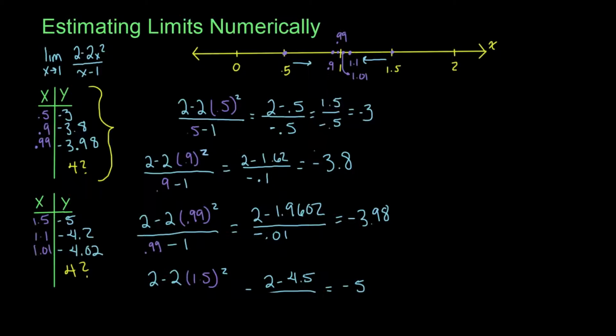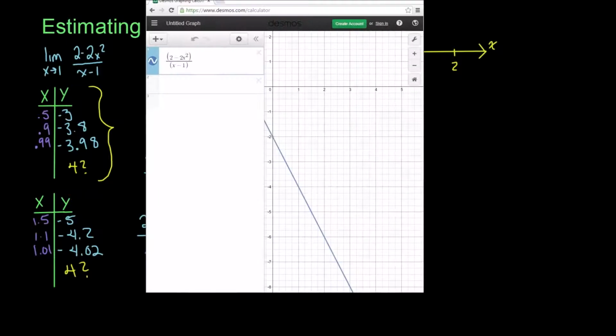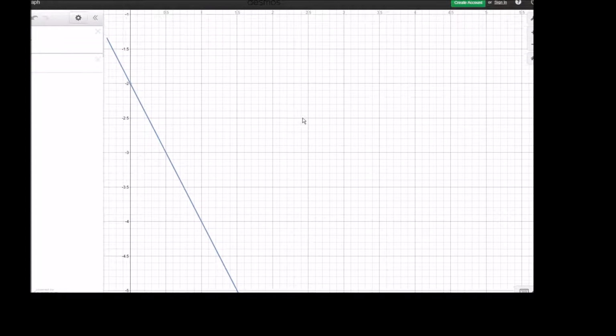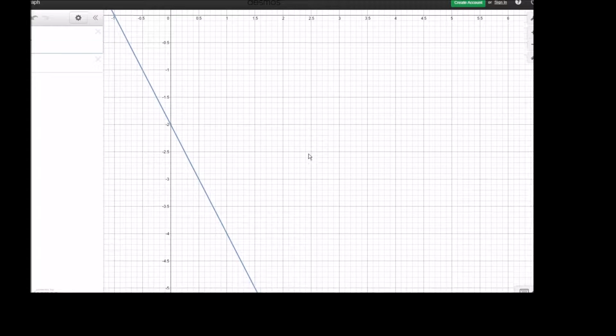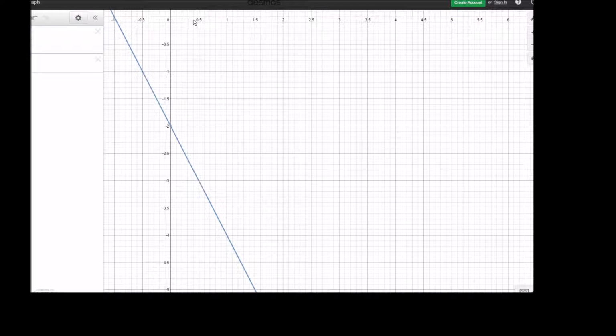As we approach a number on the x-axis, like this one here, as we get closer and closer to this point on the x-axis, what's happening with our y values? Let's look at our graph one more time to bring it all together. Remember before we thought that maybe the limit was 4, and it did end up being 4. As we got closer and closer to 1 on our x-axis, our y values got closer and closer to this 4.